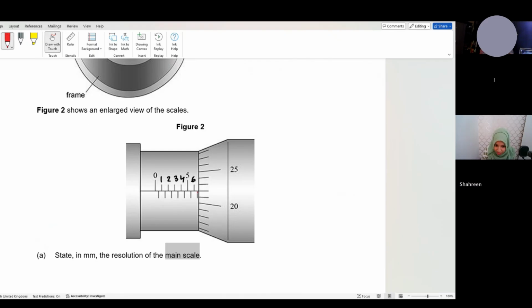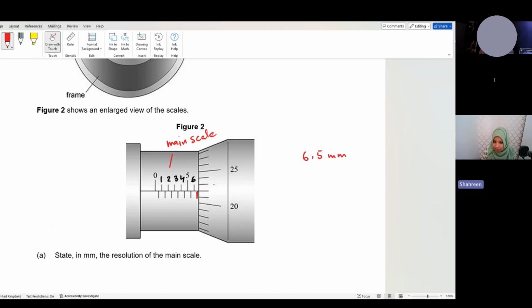Look, the 0.5 marking is this marking here, right? So from the main scale, this is our main scale, we have 6.5 millimeters. Now, to this one, we are going to add the thimble scale.